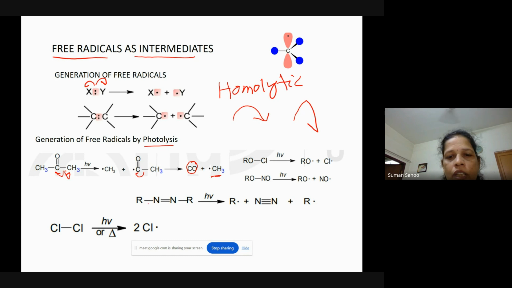Similarly, this diazo compound in presence of light gives R dot, that is an alkyl radical, with nitrogen gas. Even a chlorine molecule, in presence of light or if you heat it, undergoes homolytic bond cleavage to give you two chlorine free radicals.